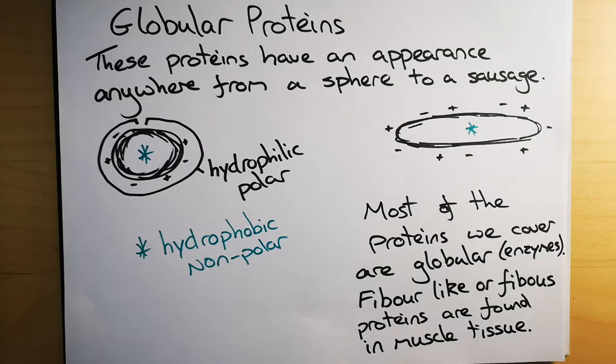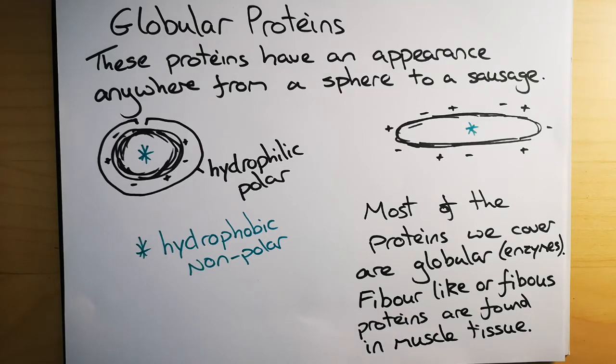But globular proteins really just means proteins that are either squished into a sphere, or a little bit of a sausage shape. Almost all the proteins that we talk about are globular. Enzymes are globular.